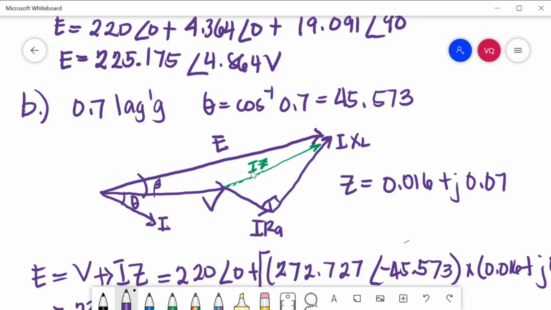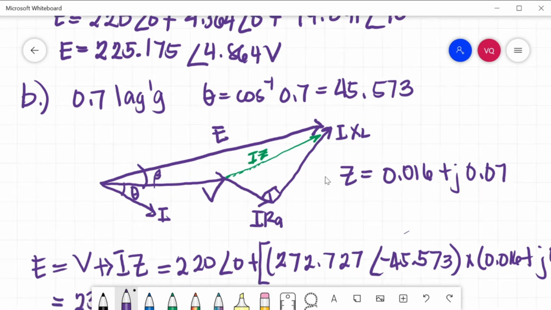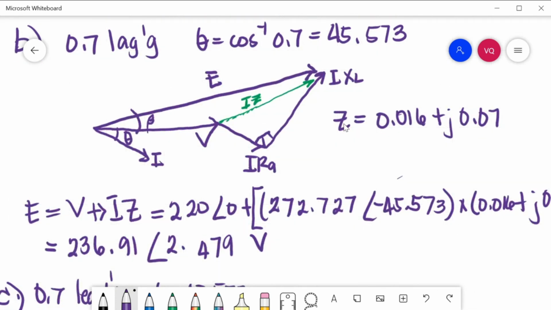So we can calculate E as the vector sum of V plus your IZ. You can calculate IZ by IRA plus IXL. Your impedance is equal to the value of your resistance and the value of your inductive reactance, 0.016 plus j0.07.